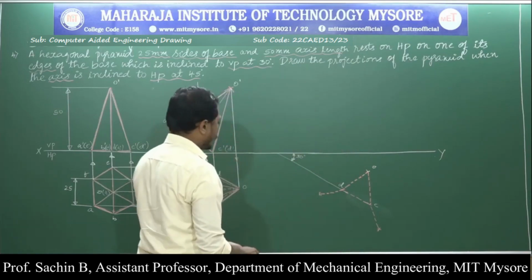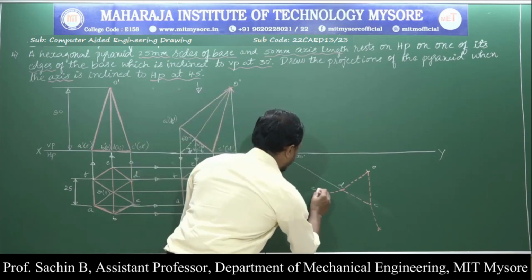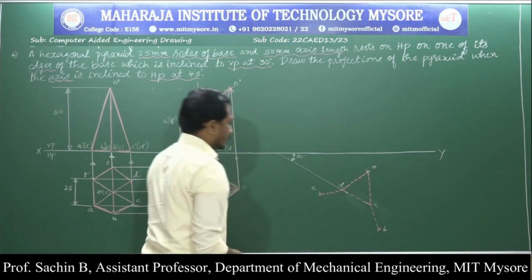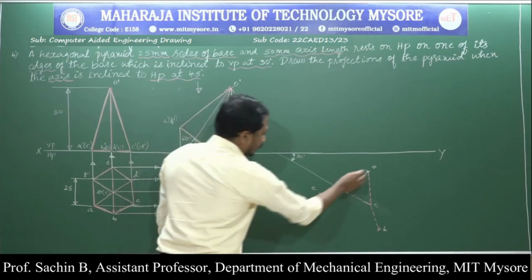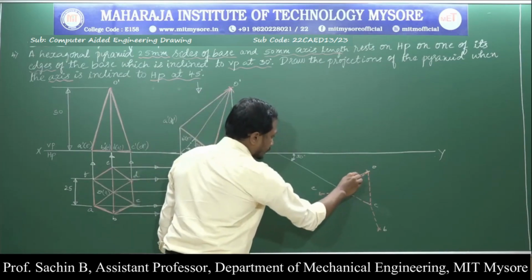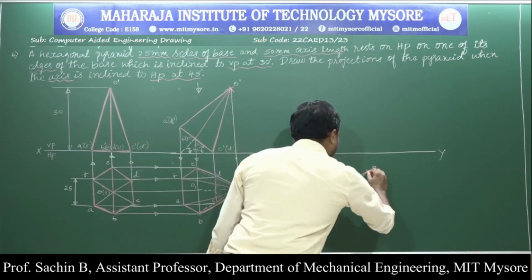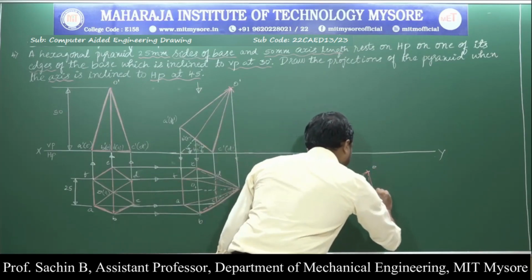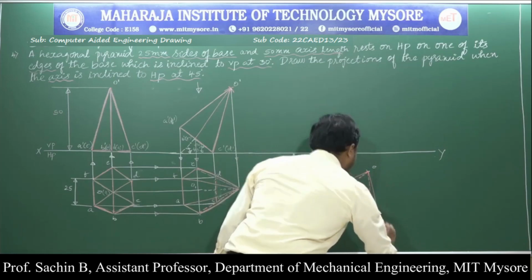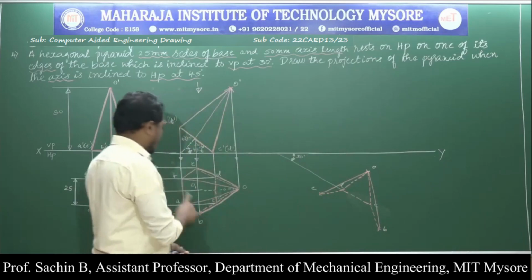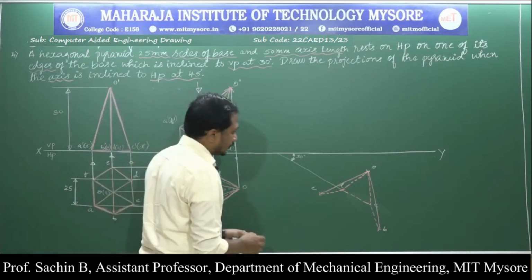Next, this is my E point, this is the B point. Next I will join from here till the E point, and again from here to here. Next, to get F and A, it is very easy for us.